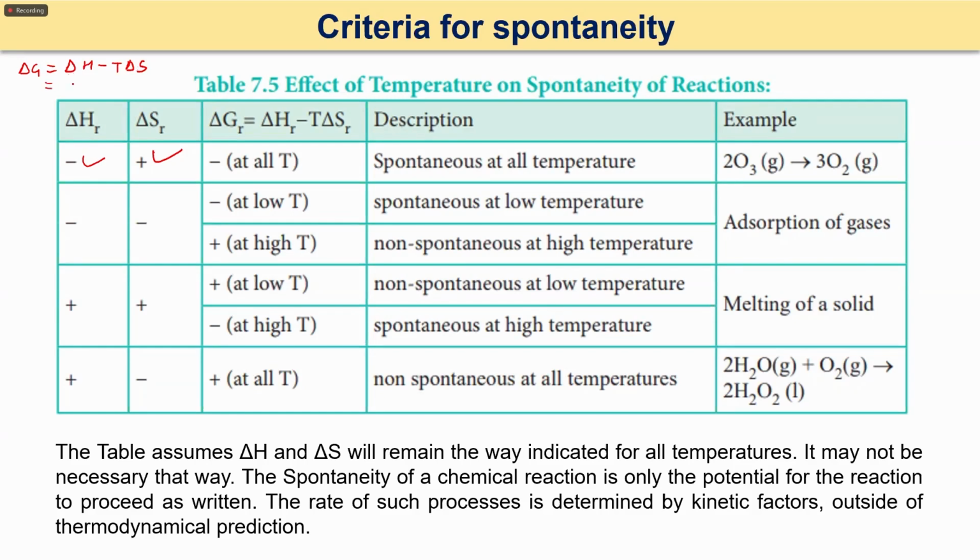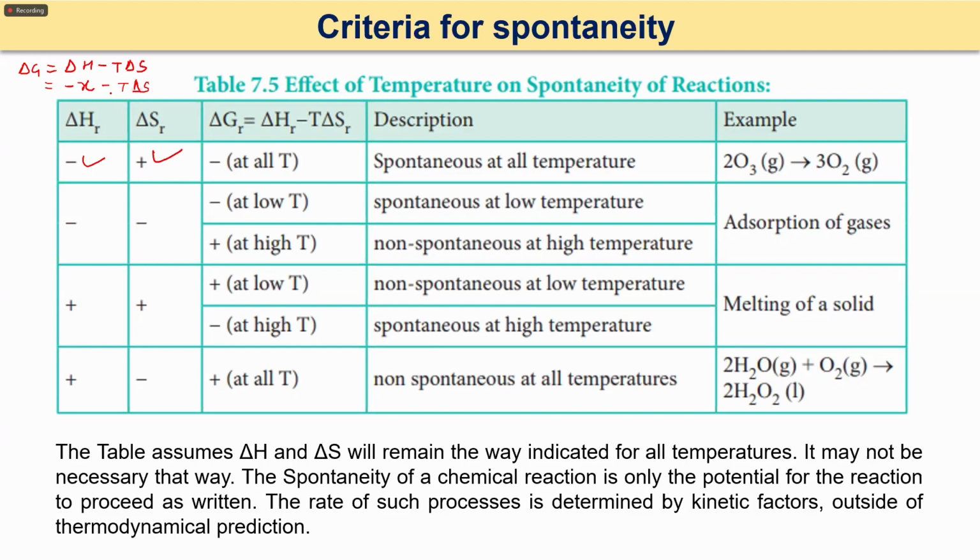Delta H is negative, that means this will have a negative value. Let's say the value is minus X. And your delta S is positive, so minus T delta S will be negative.